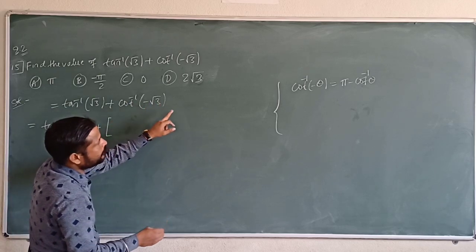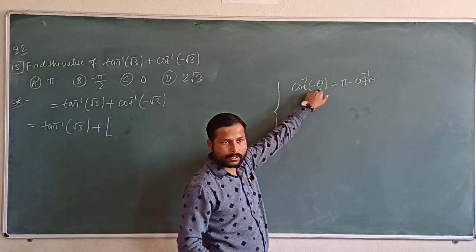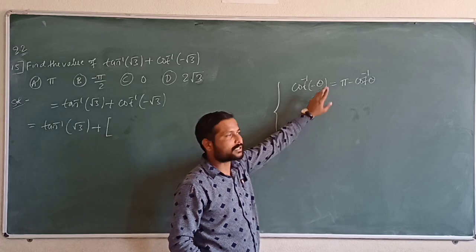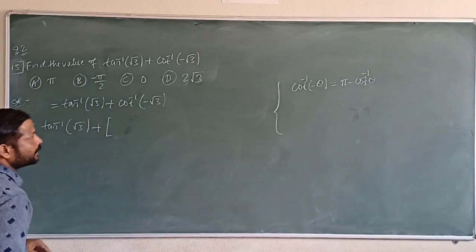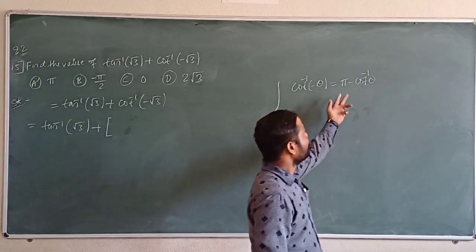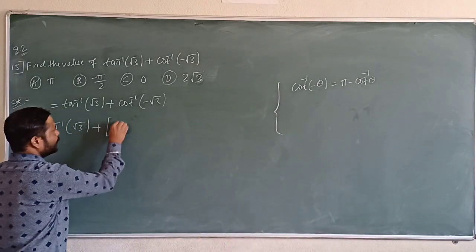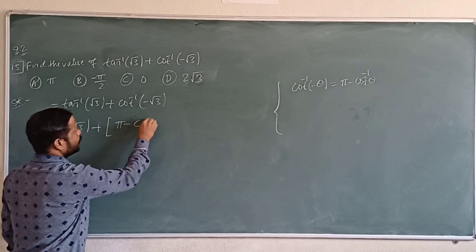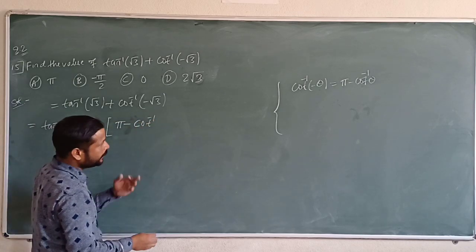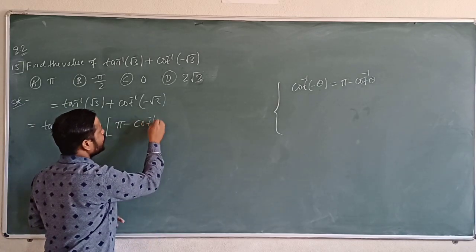Applying the property, cot inverse of minus theta can be written as pi minus cot inverse of theta, where theta here is root 3.